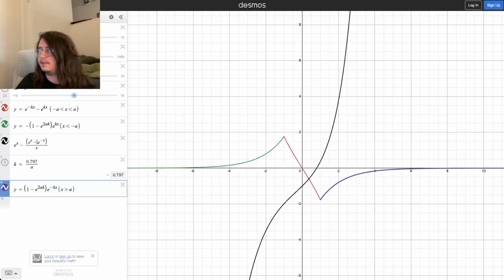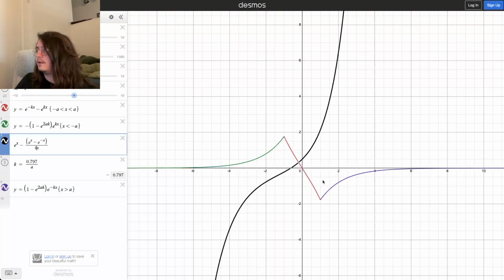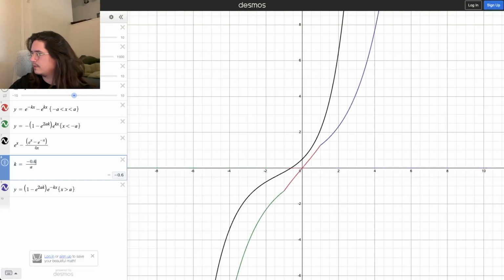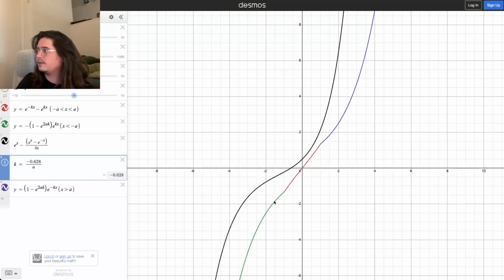If you wanted to plug in the other value of alpha, where you have a 4 here, you find that the solution for k is again in the negative direction. So we have a negative k, which is minus 0.628 according to that solution.